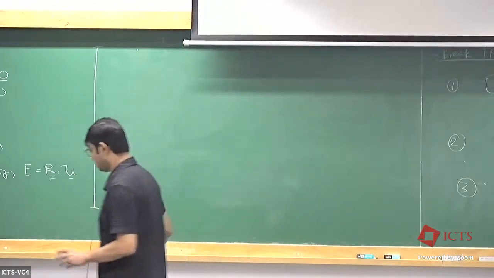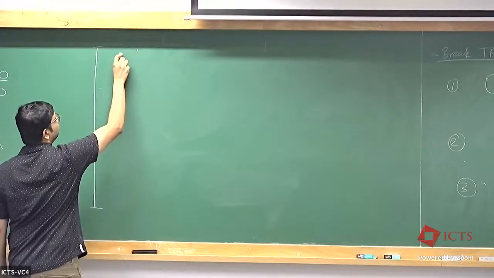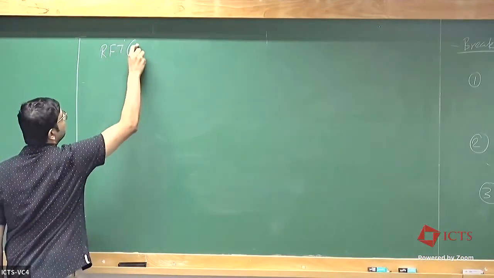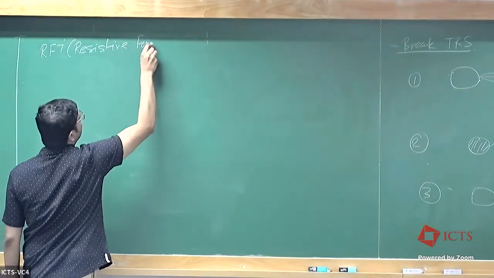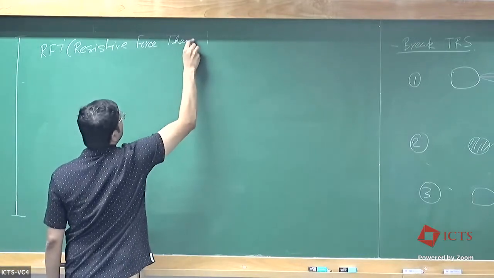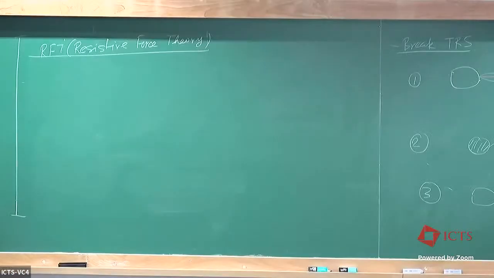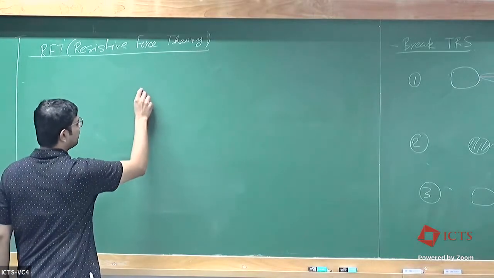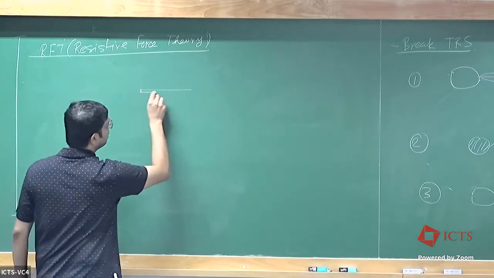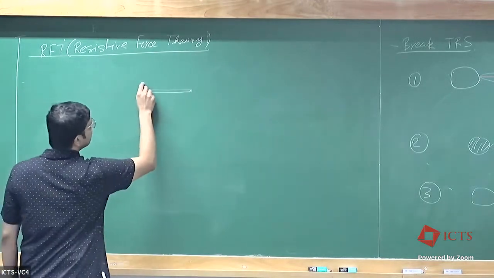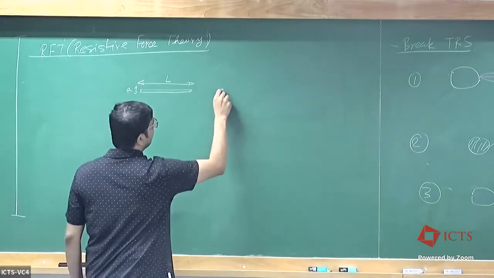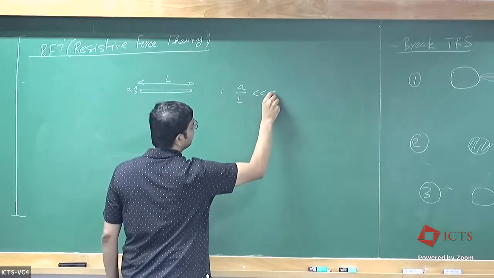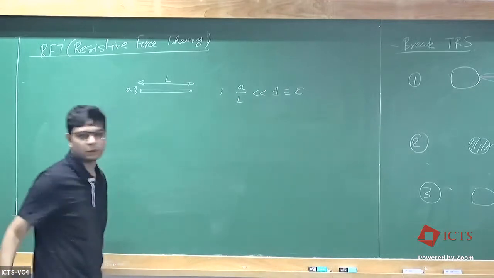To do this problem, and to tell you something about what is called, and this is also implicitly discussed in the video lecture, but I will discuss here, suppose I take a rod, and this length is L, its radius is A, and as you can imagine, A over L is epsilon, some small parameter.